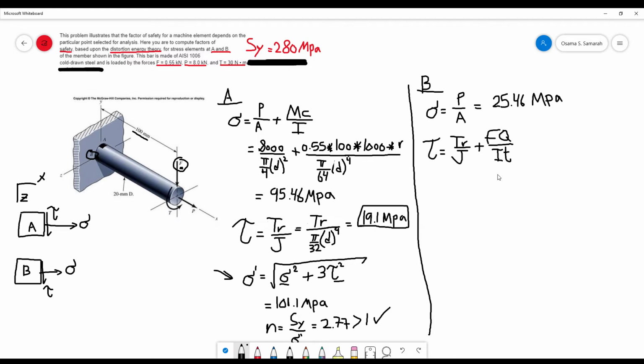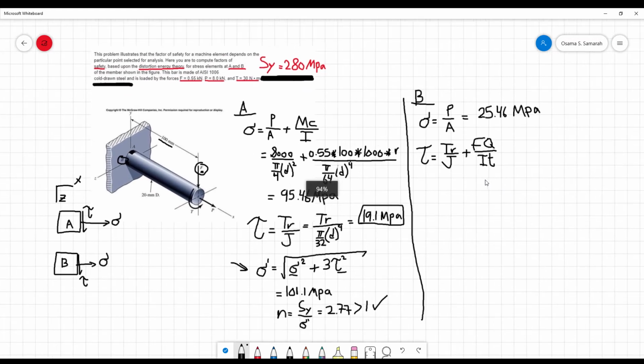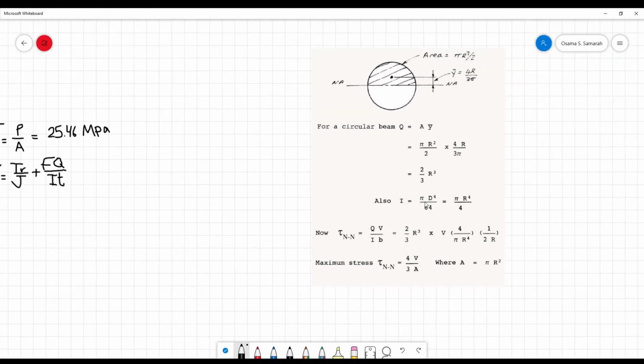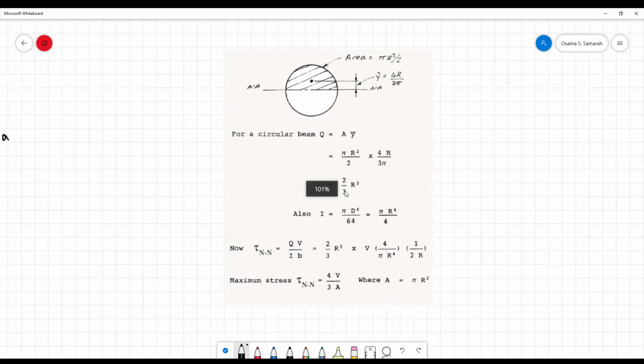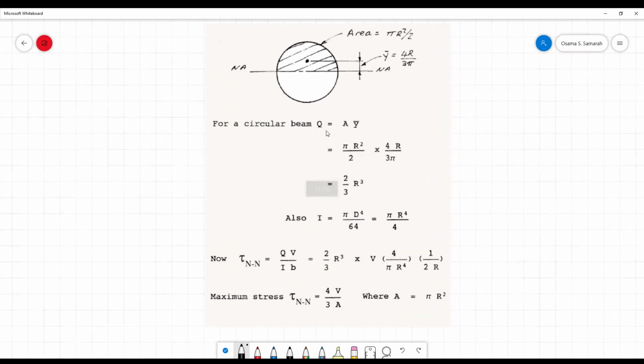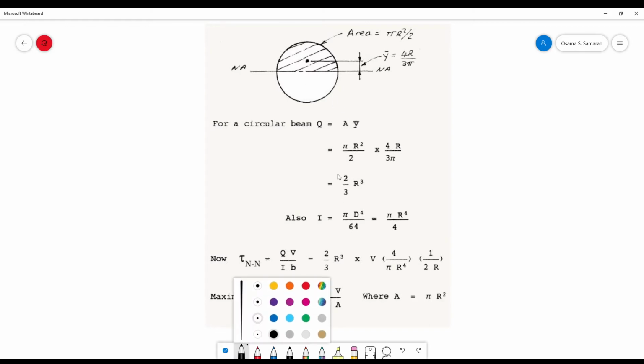Let's have a quick review of how to calculate Q. If you want to calculate Q, it's going to be the area of the semicircle times y bar, which is the distance from the neutral axis to the centroid of the semicircle, given by 4 times the radius over 3 pi.